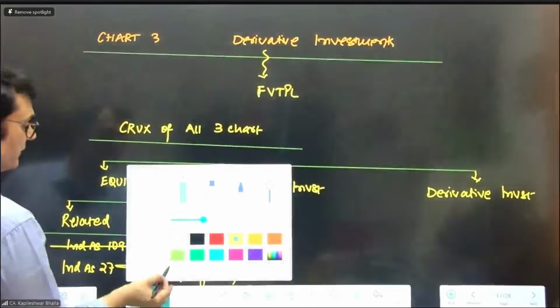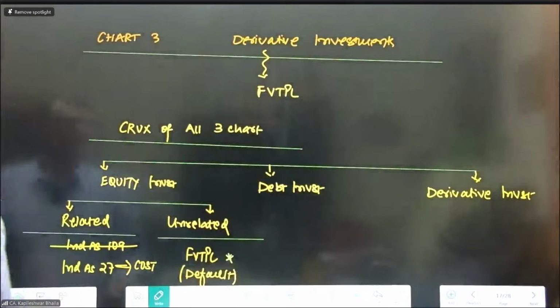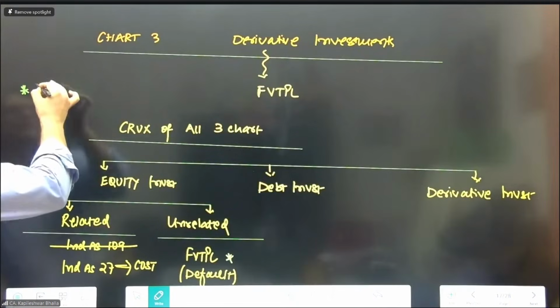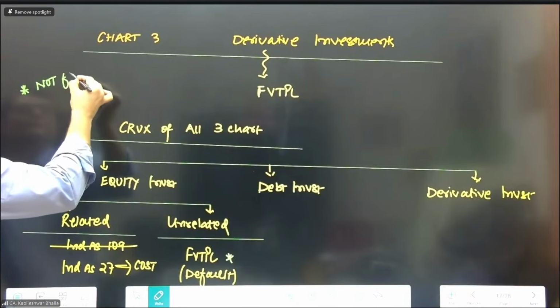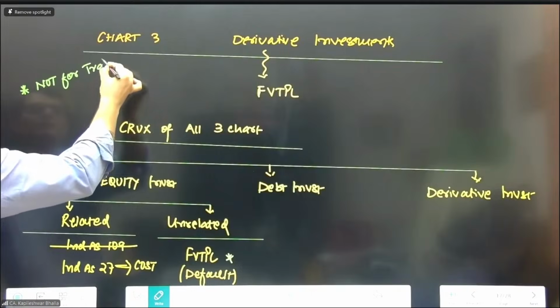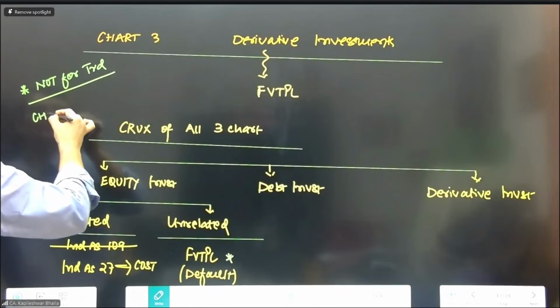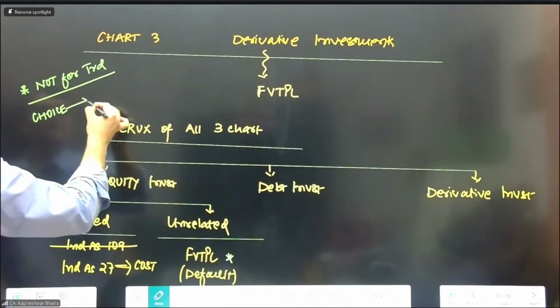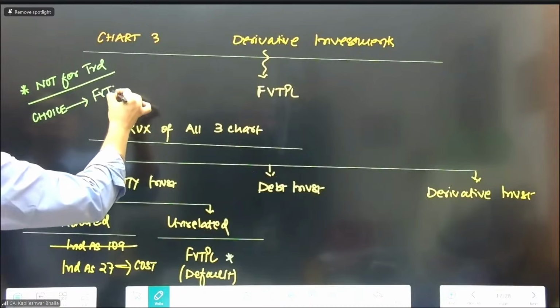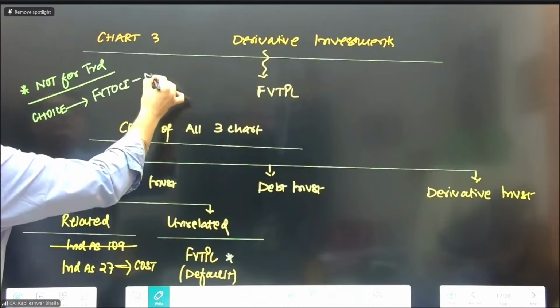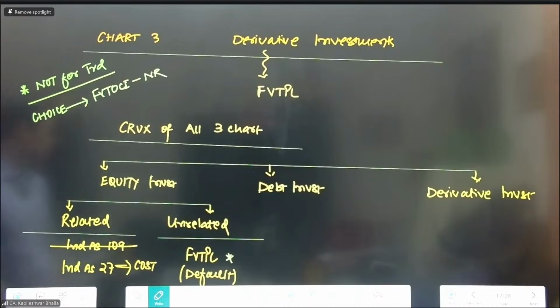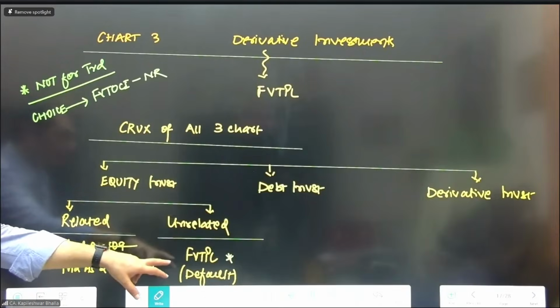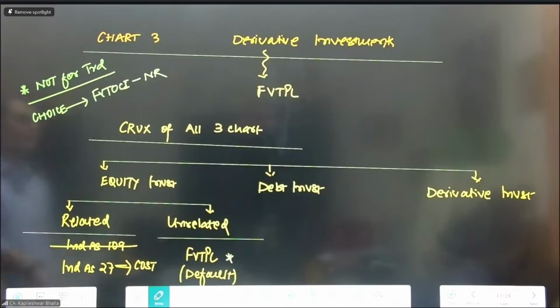And then we can make a mention that if it is not for trading, you get a choice in terms of FVTOCI, that is no recycling. So that summarizes equity: unrelated default category, but you get a choice if it is not for trading.